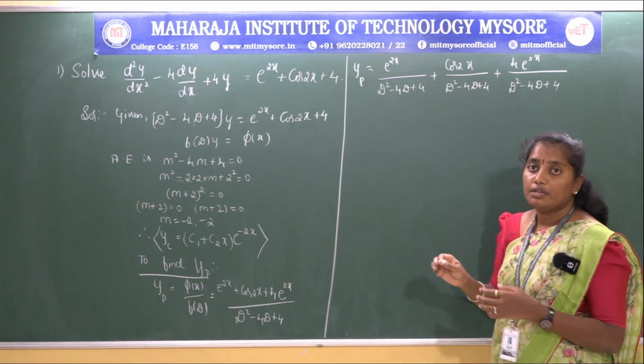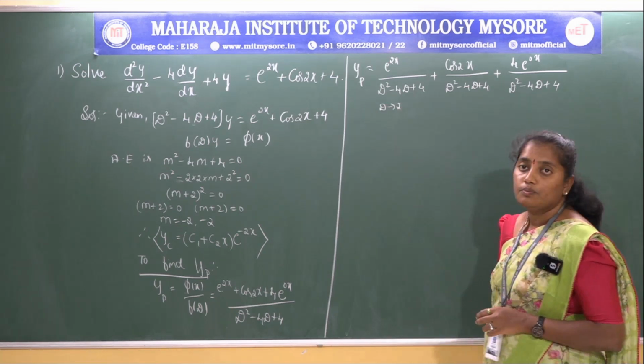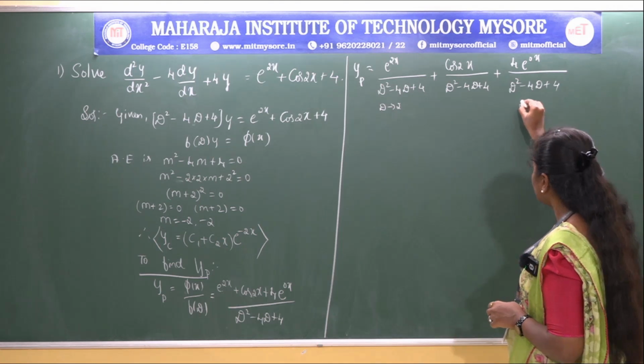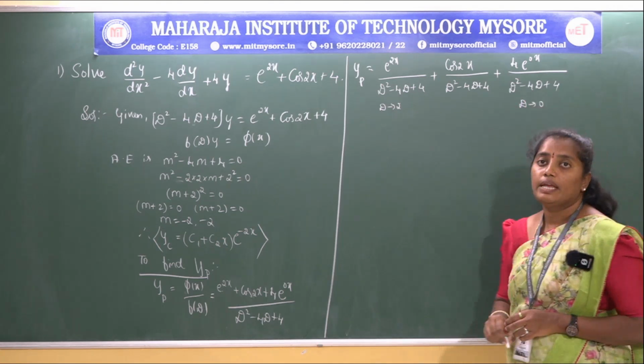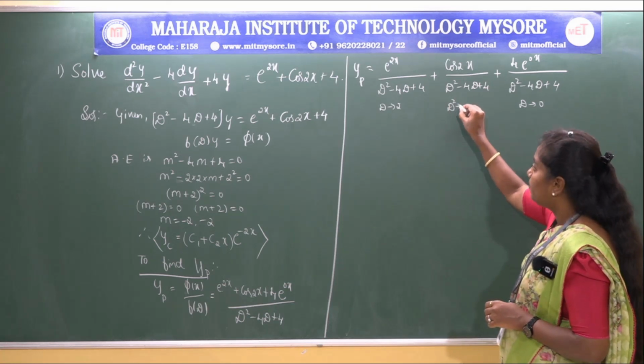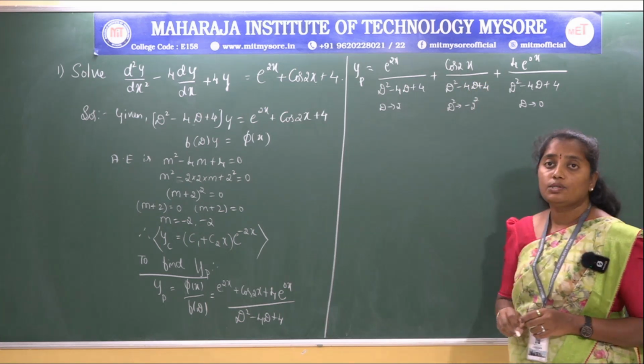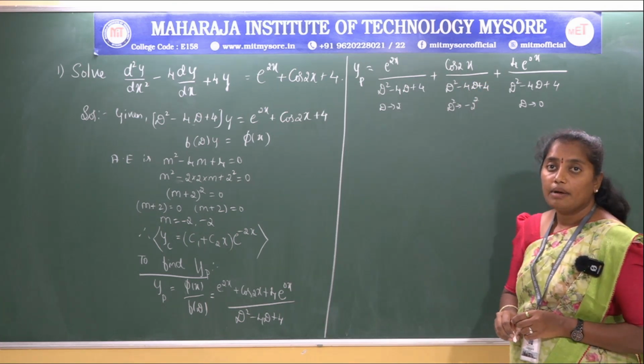First I will take the exponential function. Here we have to replace d by 2. The last term is also an exponential term, so we have to replace d by 0. But in the trigonometric function, we have to replace d square by the constant element, that is minus 2 square.